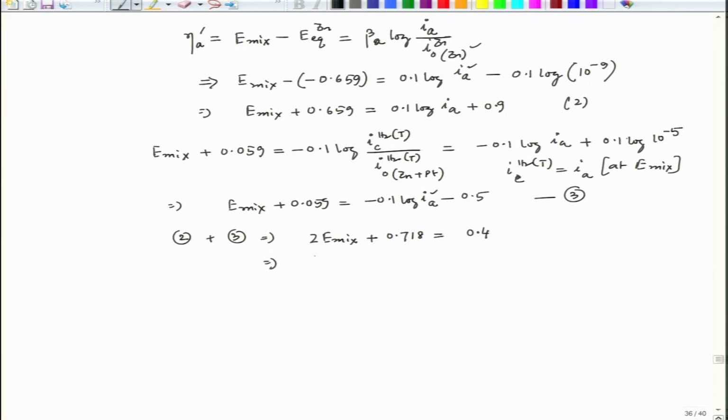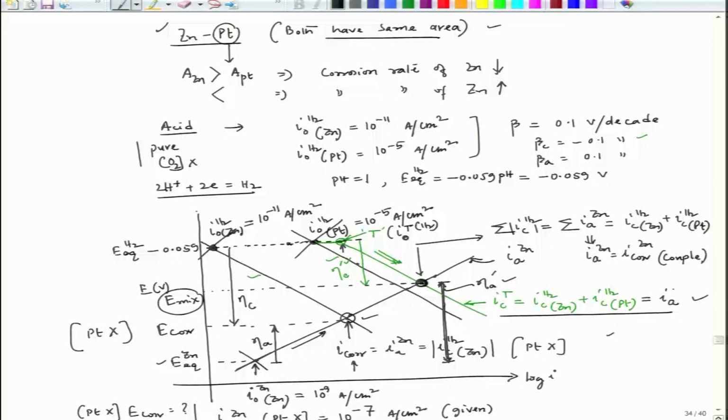So, E_mix equal to minus 0.318 divided by 2, equal to minus 0.159 volt. So, this E_mix value turns out to be minus 0.159 volt.